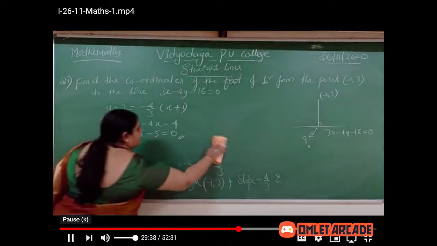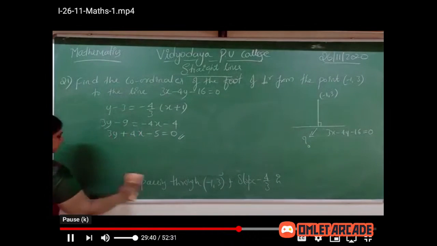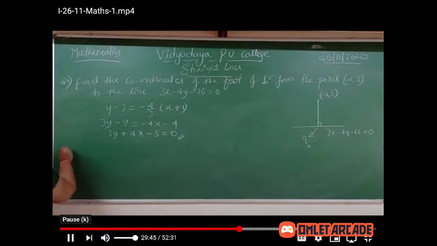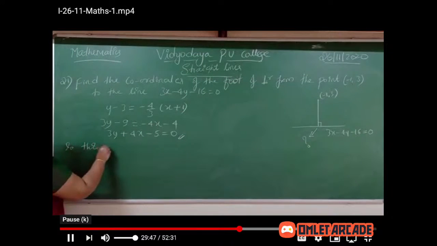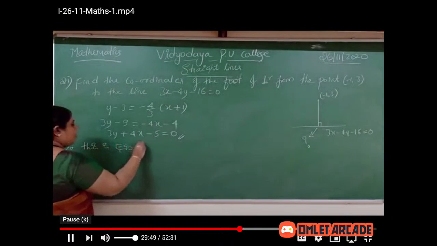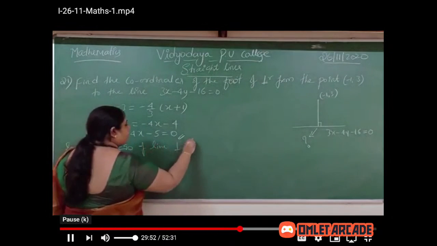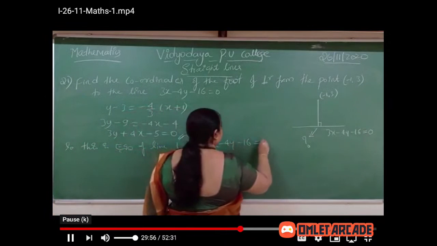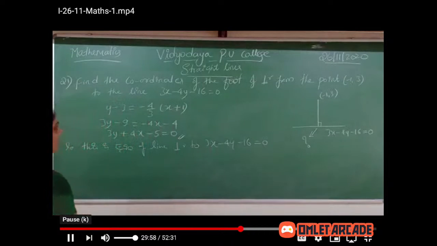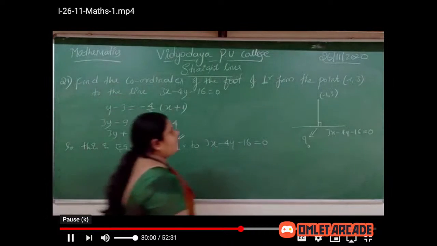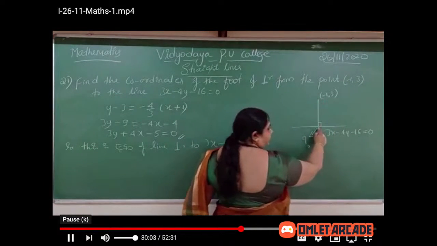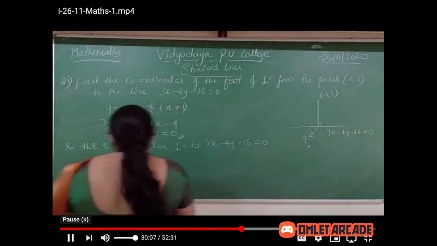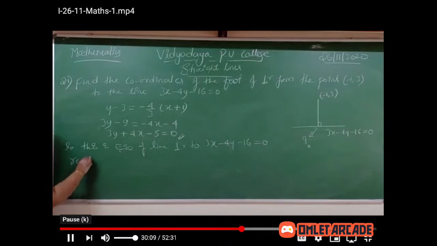So let me continue here. So this is the equation of the line perpendicular to 3x minus 4y minus 16 is equal to 0. What we need? The coordinates of the foot of perpendicular from this point. We need this point, isn't it? It is actually the intersection of these two lines, isn't it? Write down.